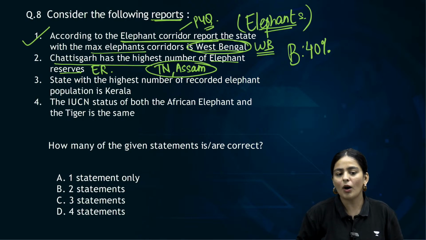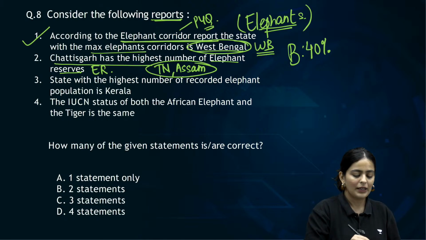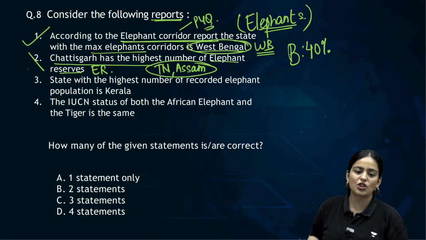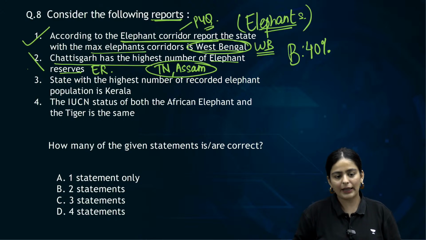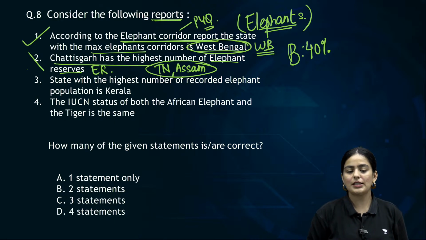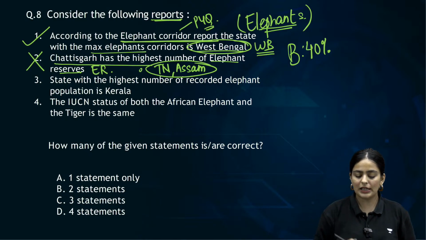Can you please name one or two elephant reserves from the state of Chhattisgarh? Lemru is correct. Badalkhol, Tamor Pingla is also correct. Well done. So it is not Chhattisgarh, it is Tamil Nadu and Assam. Second is incorrect.